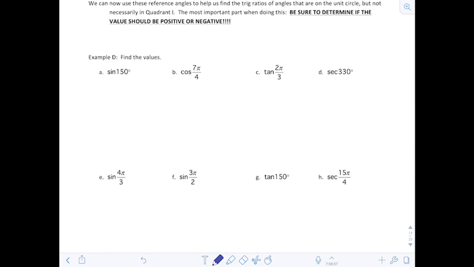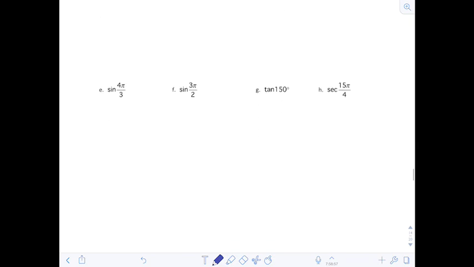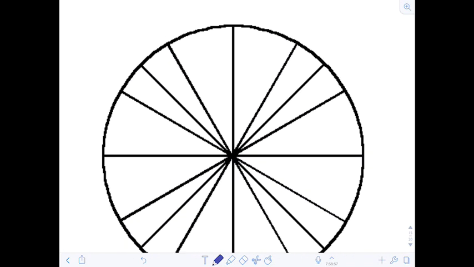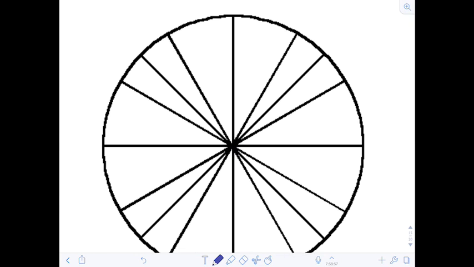So at this point, I want to go to the unit circle, this big unit circle that you have right here. Looking at this unit circle now, we're going to label all the way around the unit circle with our ordered pairs.